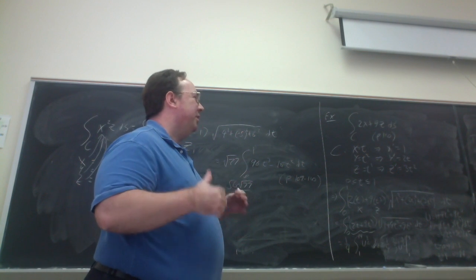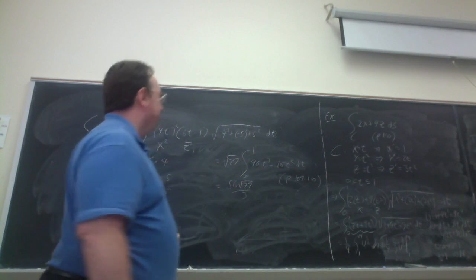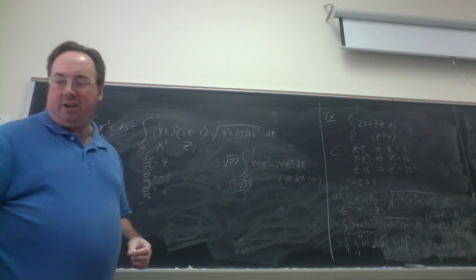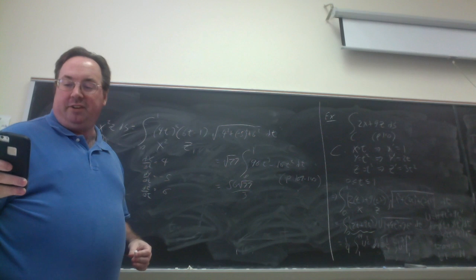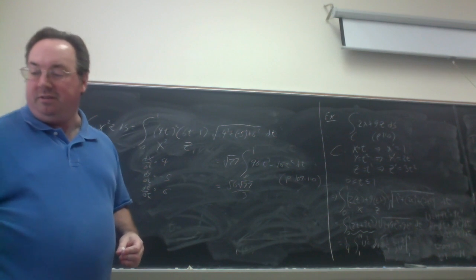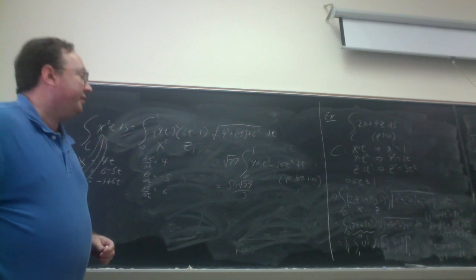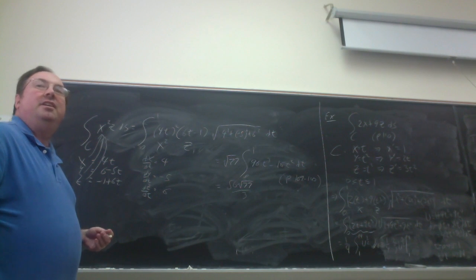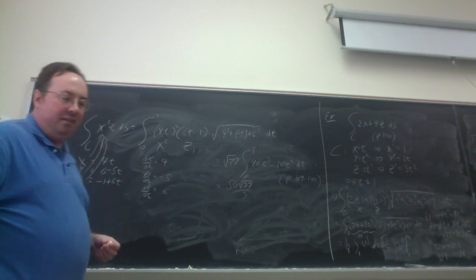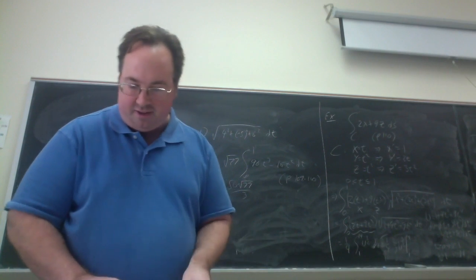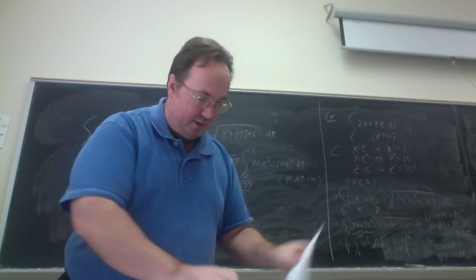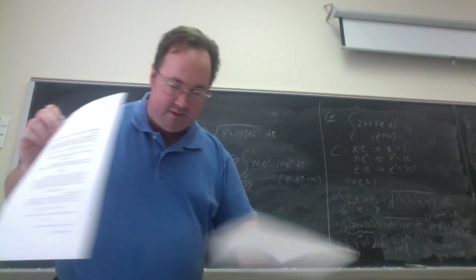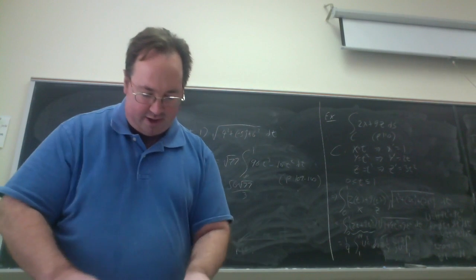But I would point out we're meant to set up the other kind of line integral, which will have to wait until after the test. Any questions about this one?